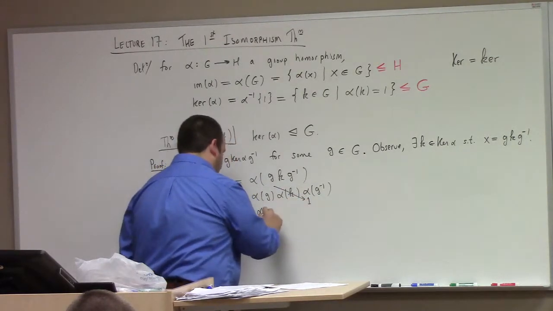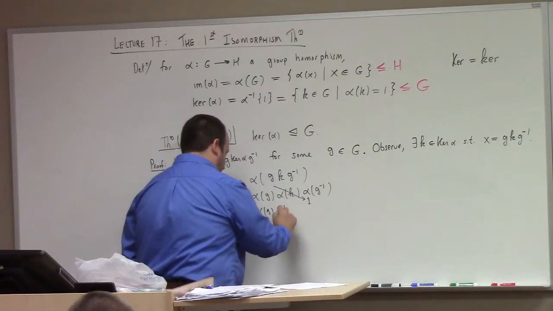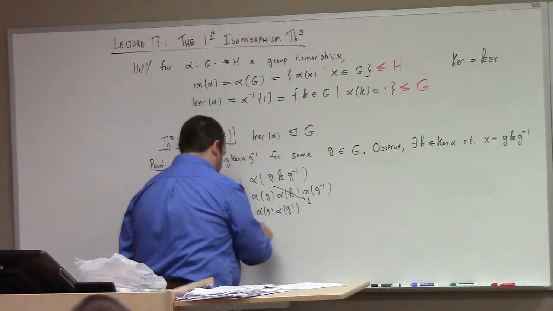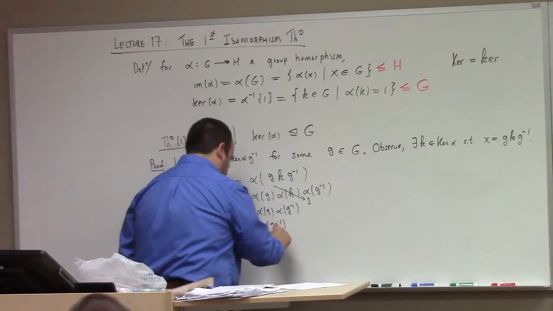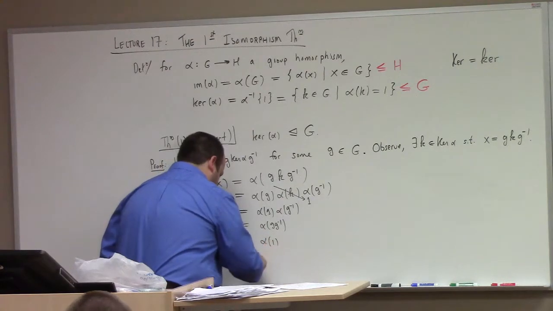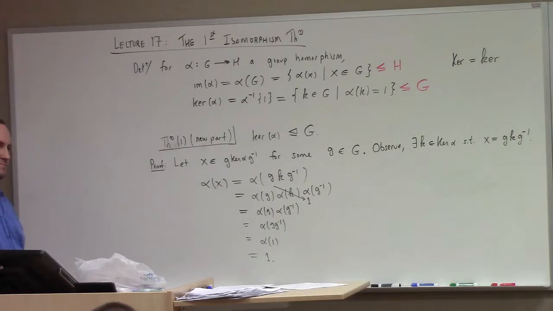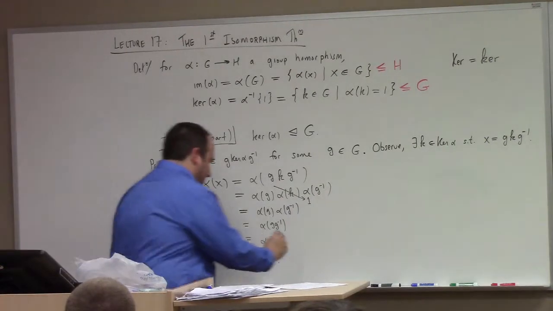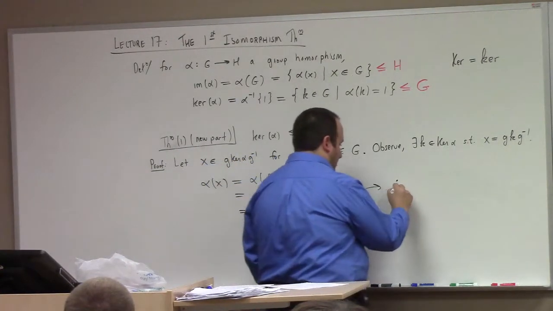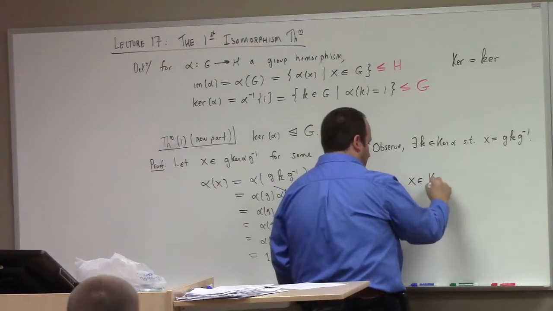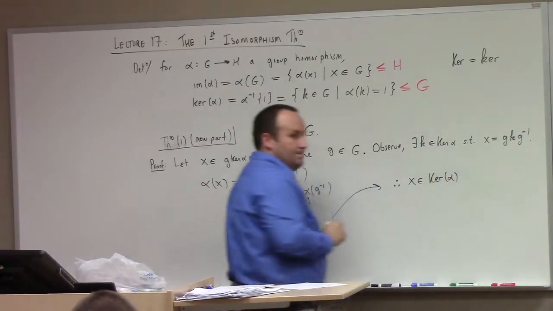And so we got alpha of g times alpha of g inverse, which is alpha of 1, which is 1. You could have also pulled the inverse out by the inverse homomorphism property and just canceled them. It's up to you. One way or another, we get that alpha of x is 1, which shows what? x is an element of the kernel of alpha.